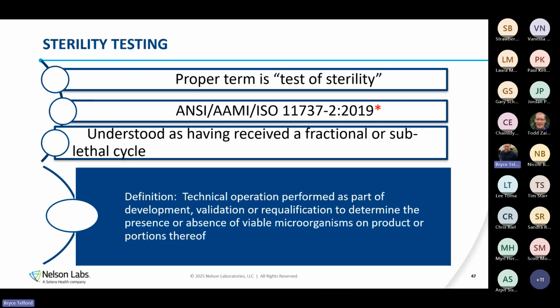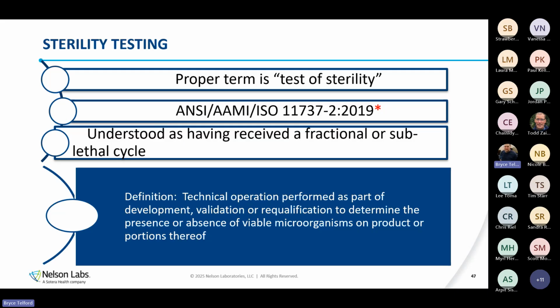So the proper term, as we've mentioned before, is a test of sterility. And I do want to point out that the sterility standard, just like the bioburden standard, was revised relatively recently, in 2019. Generally, ISO 11737-2 is understood as applying to product that has received a fractional or sublethal cycle.